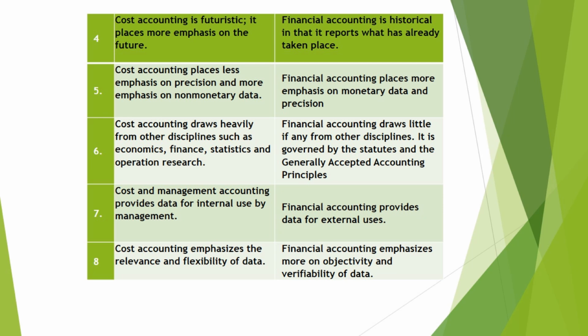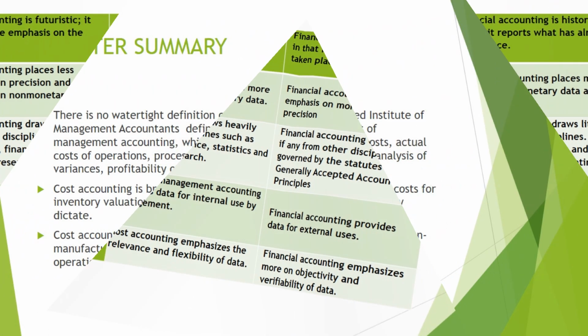Another difference is that cost accounting draws heavily from other disciplines such as economics, finance, statistics, and operations research, while financial accounting draws little or nothing from any other discipline. It is governed by the statutory and generally accepted accounting principles.